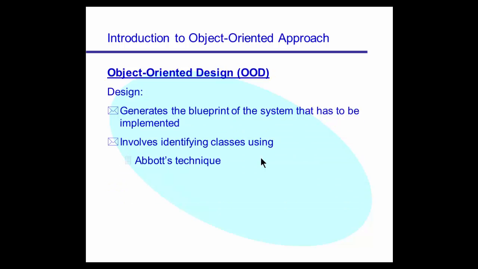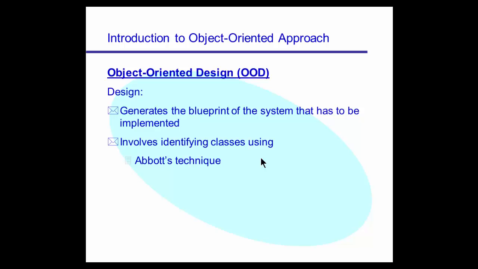Next we look into what object oriented design, OOD, is. As soon as you analyze the object oriented system using the object oriented analysis phases, you need to give some design to the user. This is carried out mainly in two ways. First, it generates the blueprint of the system that has to be implemented. Here the blueprint is nothing but the development of the classes.